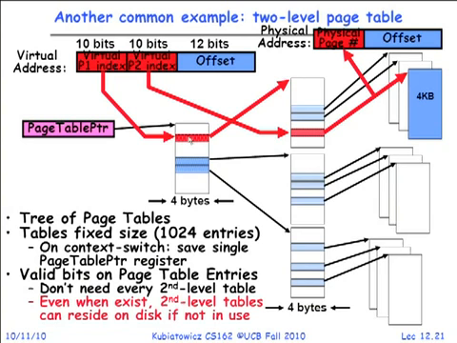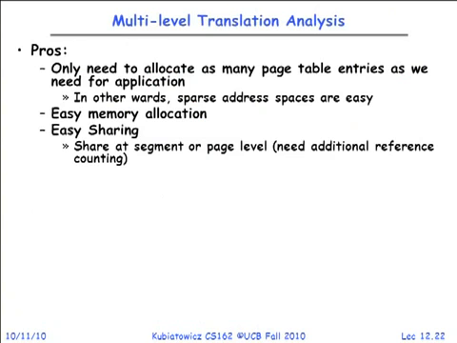So suddenly this scheme works really well for a sparse address space with stuff at the bottom and stuff at the top, or any combination of sparseness. All right, so that's why this is commonly used. It's very flexible. It's pretty easy to allocate if you do that sort of page chunk thing that I showed you. It's easy to share, so you can share at page level very easily.